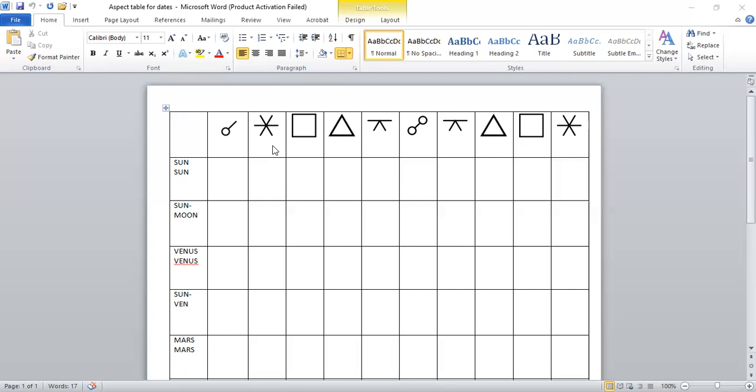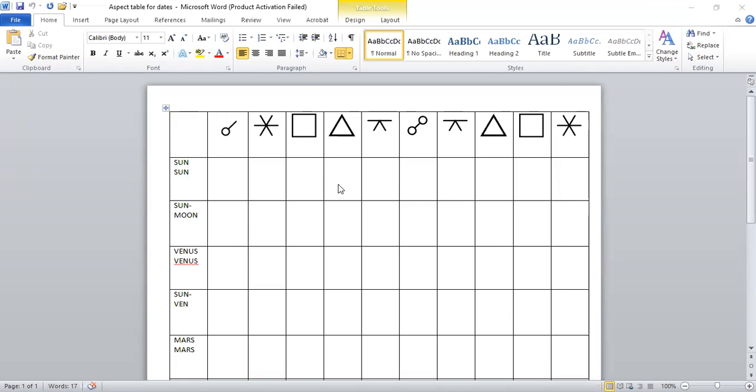Then March would be your square. We go from Sagittarius, which is mutable, to Pisces, which is mutable, and there would be your square. And then you continue on all the way through. So I'll just finish doing mine and track it all the way through.